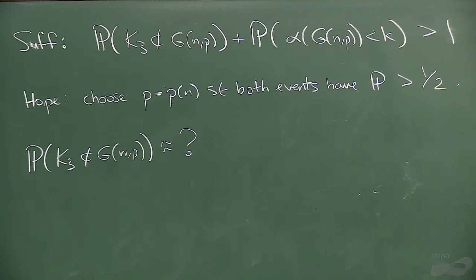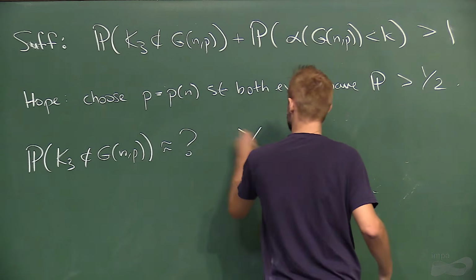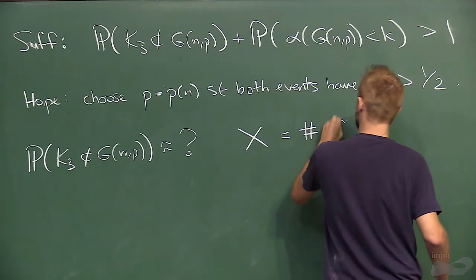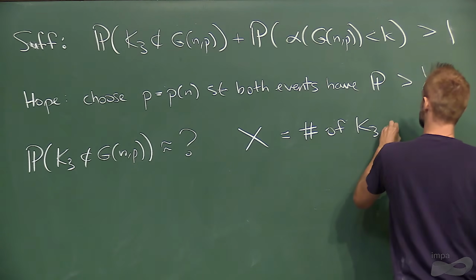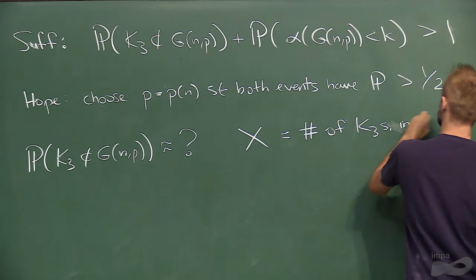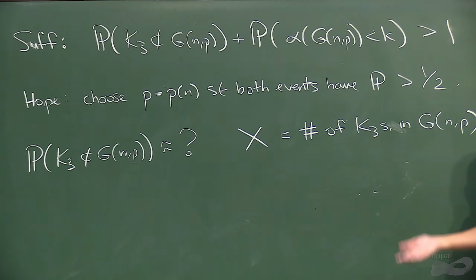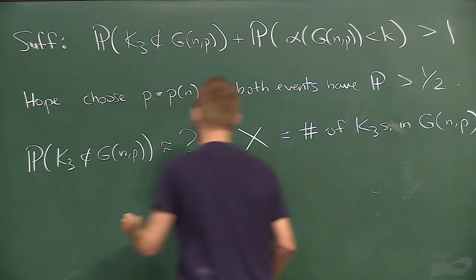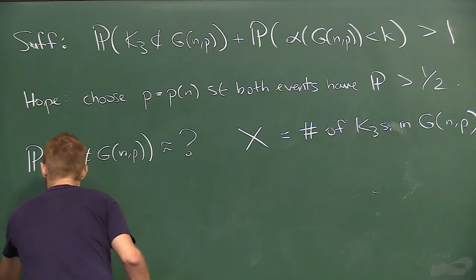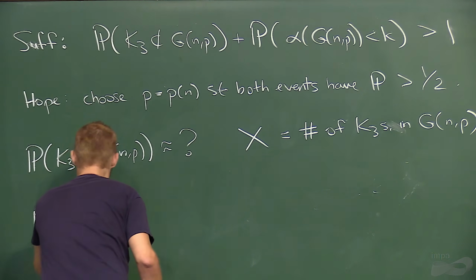The number of triangles, right? The natural X to take is the number of triangles in G(n,p). And then the natural thing to do is to calculate expectation. Expectation of X equals what?